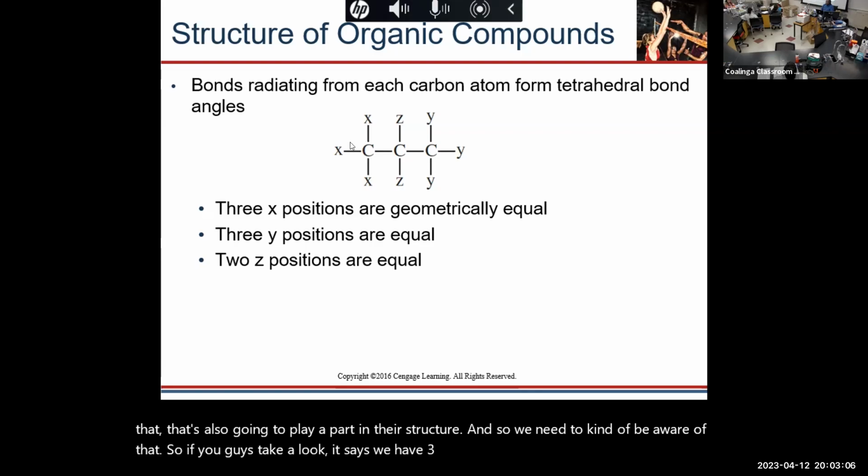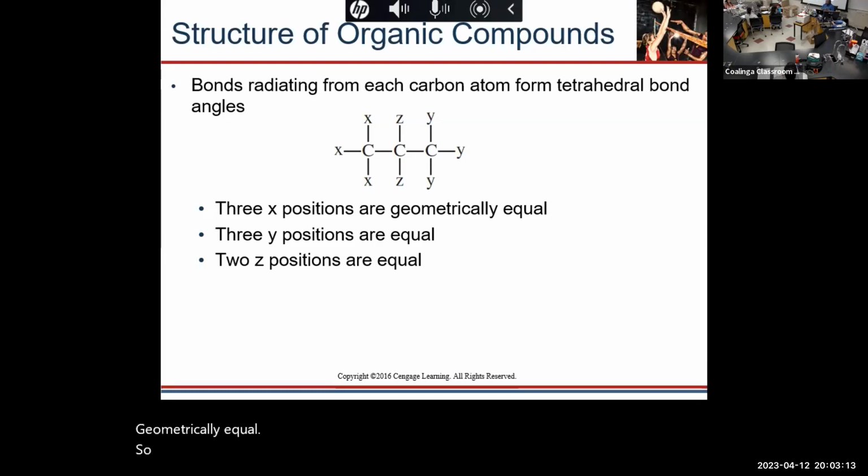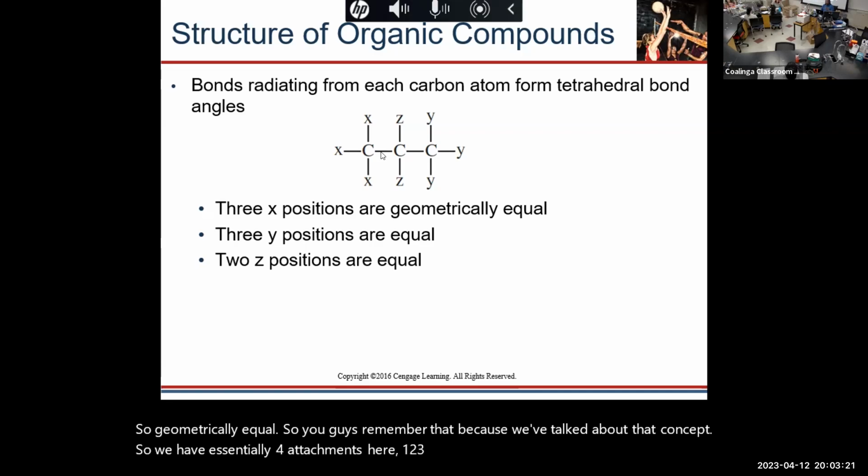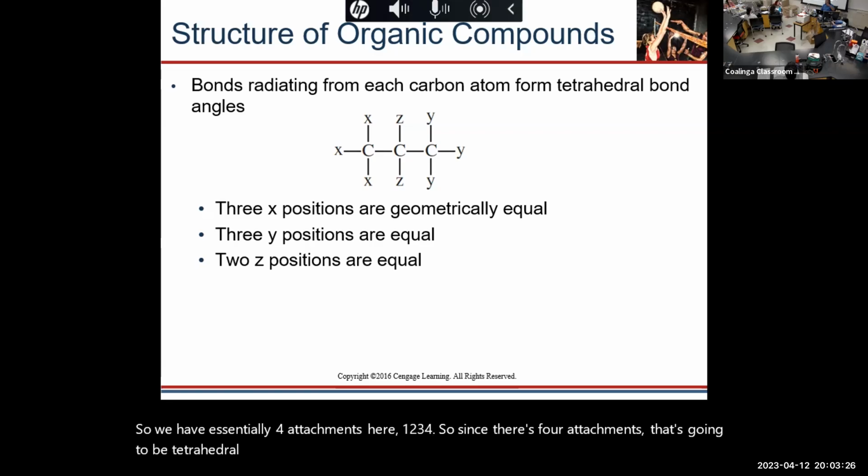These are considered geometrically equal, and you remember that because we talked about that concept. So we have essentially 4 attachments here, 1, 2, 3, 4. Since there are 4 attachments, they're all 109.5 degrees away from each other.